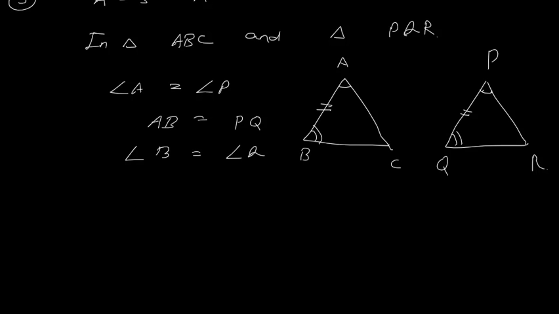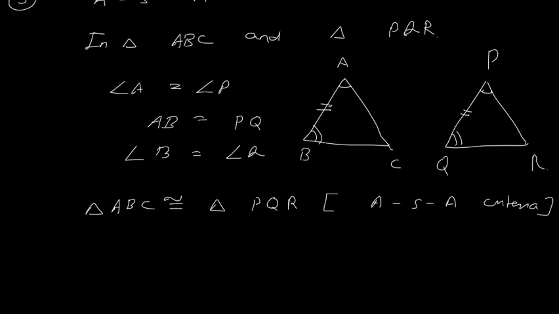If the condition is like that, then I will say that triangle ABC is congruent to triangle PQR, and the criterion is the angle side angle criterion. Okay, this is the third one.